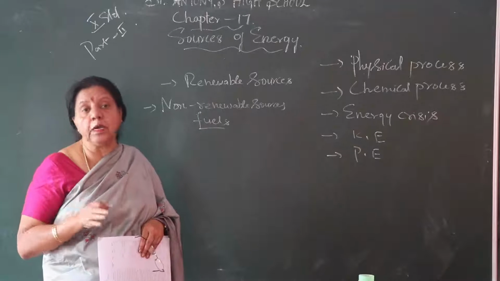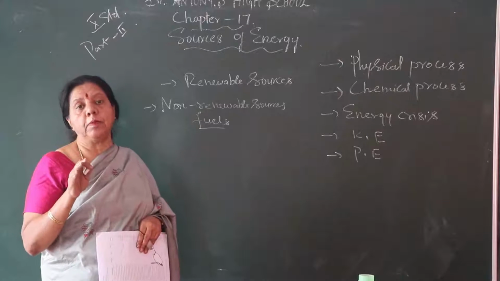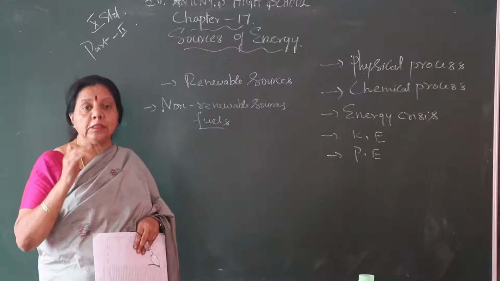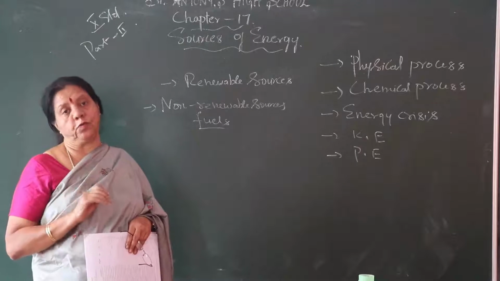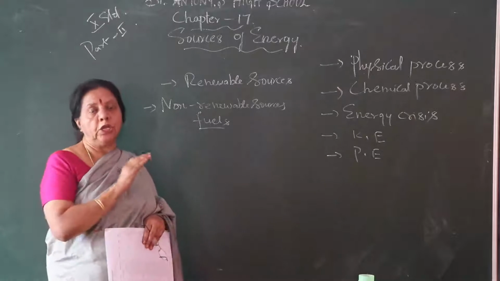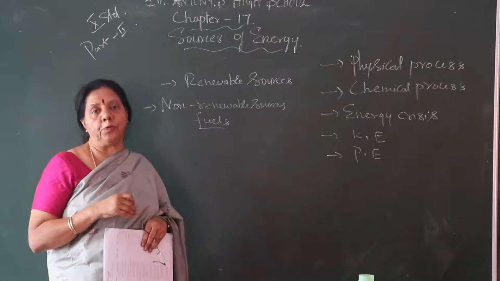It is a permanent source. That is why it is renewable. Non-renewable means it is limited to some extent. For these non-renewable sources, we must have alternate sources, children. These are all the concepts in the introduction. If you know these things very well, we can continue.